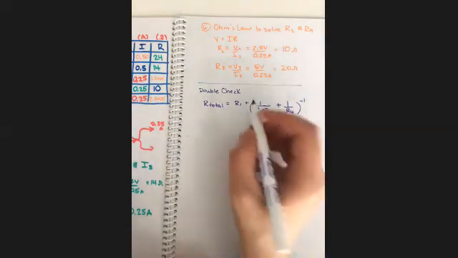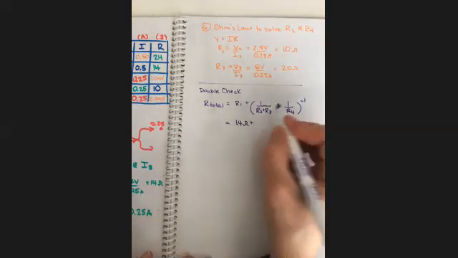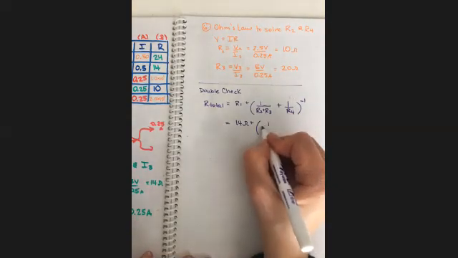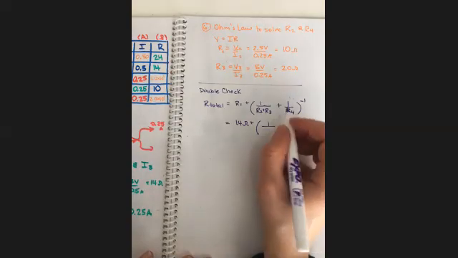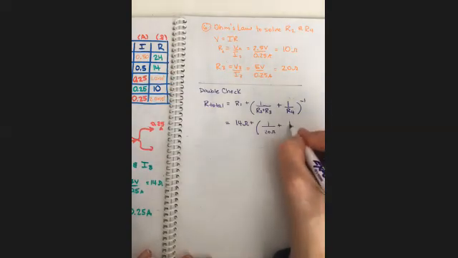So if we sub that in, 14 ohms plus 1 over 10 plus 10, which is 20, and then R4 is 20.